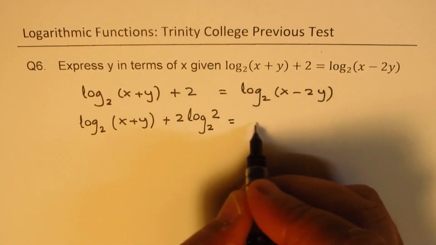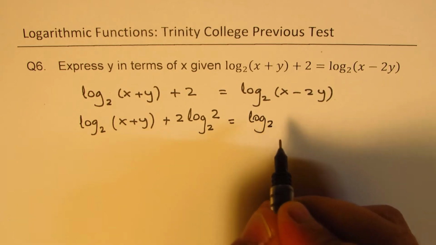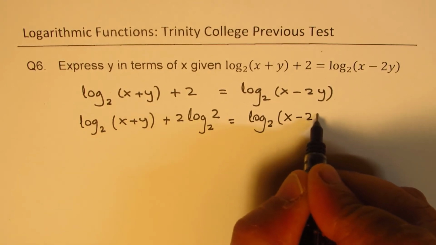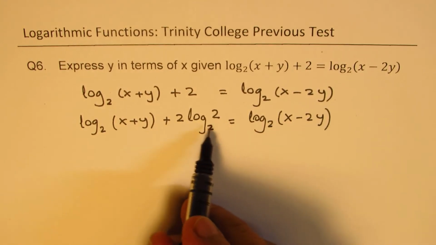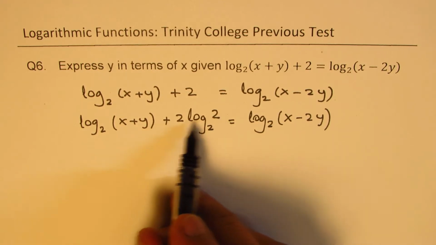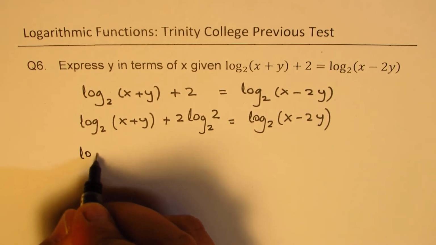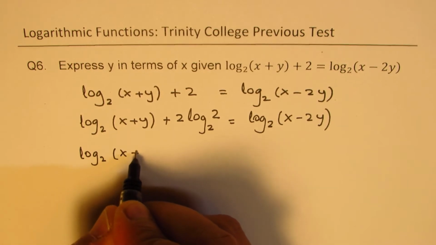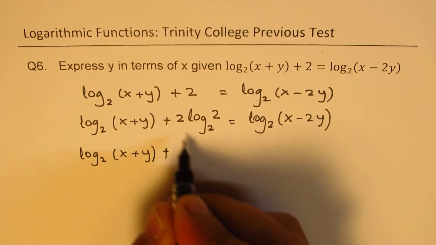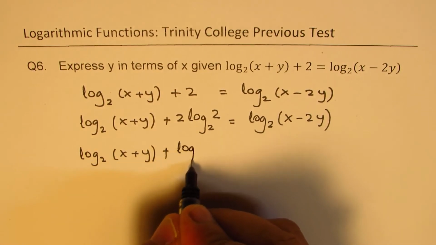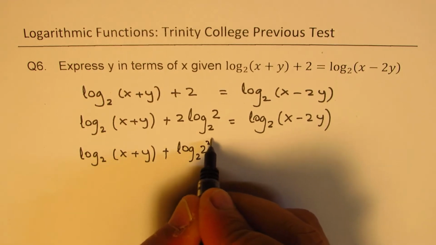So that is the trick here. And here we get log to the base 2 of x minus 2y. Now here we can apply the property, when you have plus, they get multiplied, right? So let me go one more step and then we'll multiply, correct? Which is basically log to the base 2 of 2 square, which is 4, right?